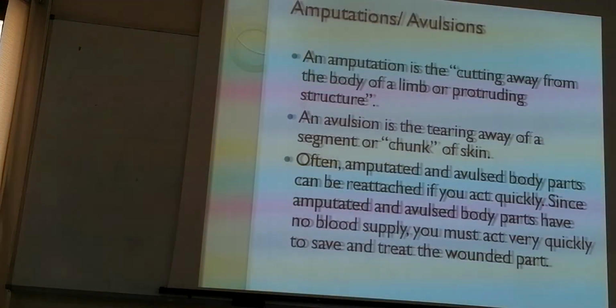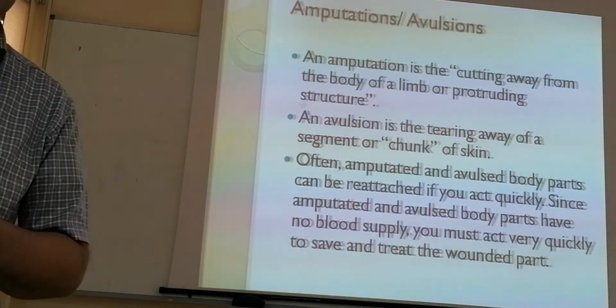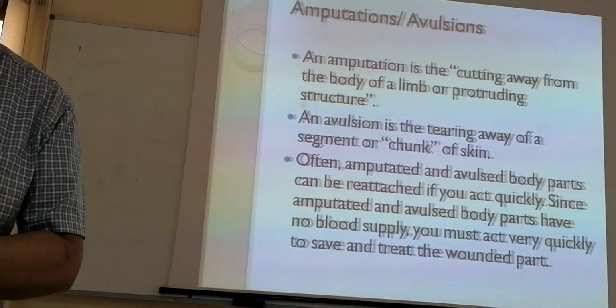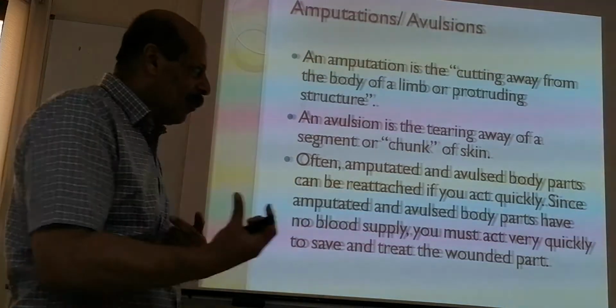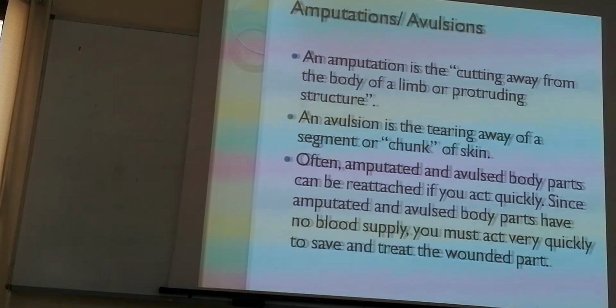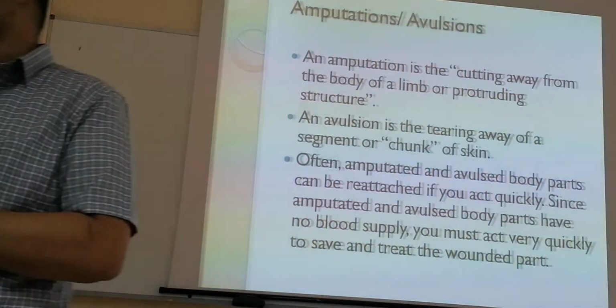So what can we do with the amputated part when we are taking it along with the client to the hospital? How can we save it? How can we prevent the tissues from degeneration? What can we do? What do you expect?